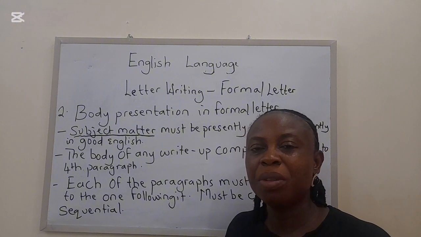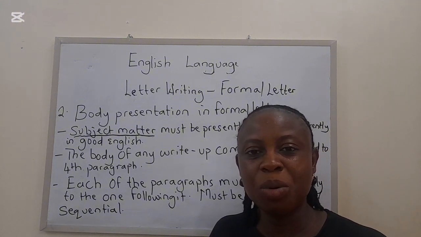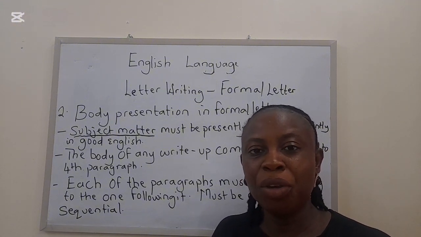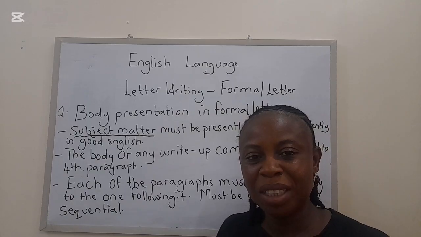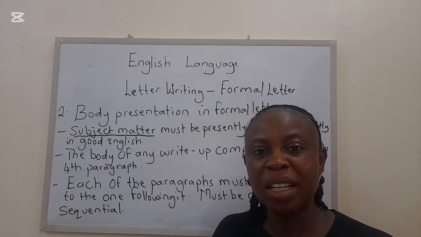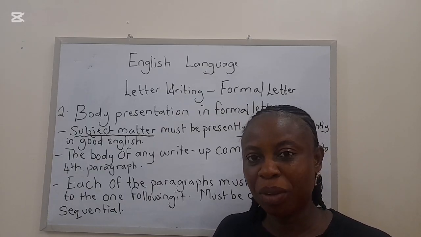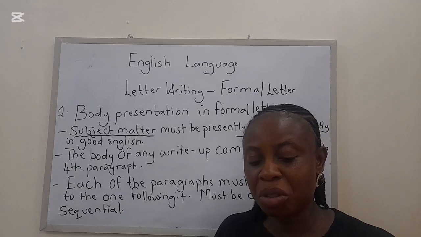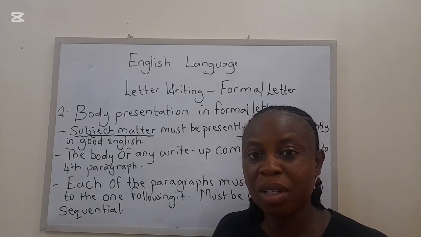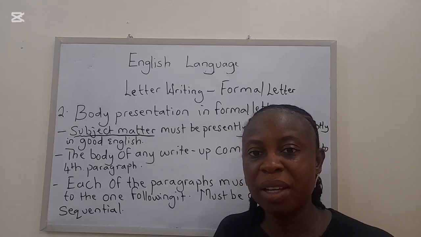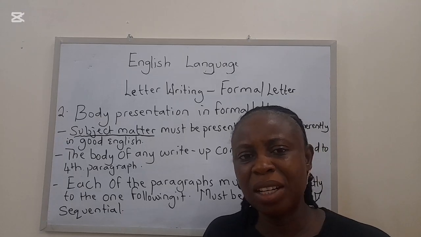For example, if you are asked to write a letter to the local government chairman of your council to provide some infrastructure for your community, infrastructure may be in terms of health, potable water, or any infrastructure that is lacking in your community.